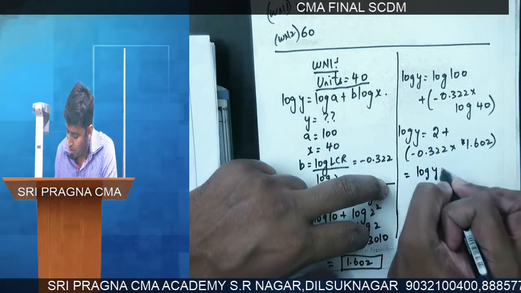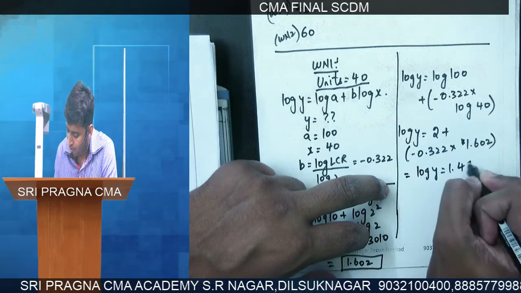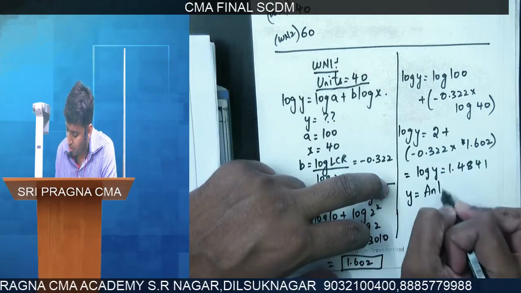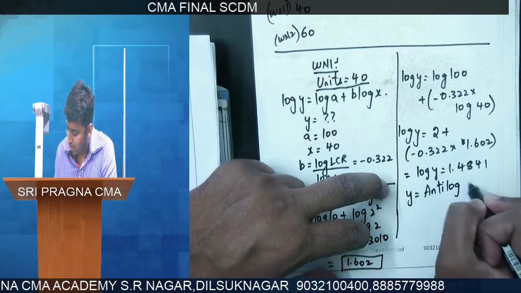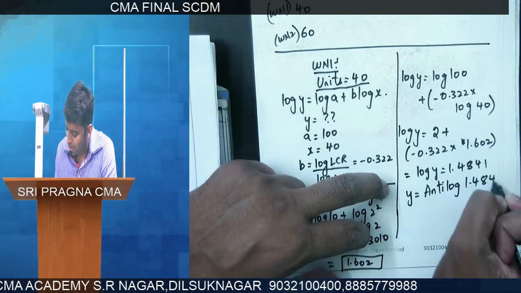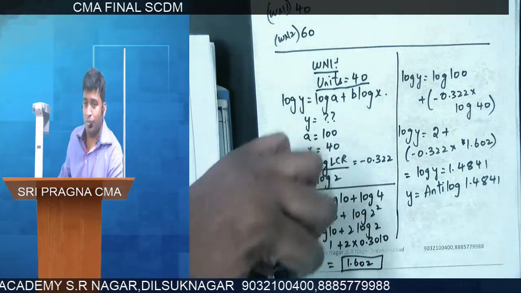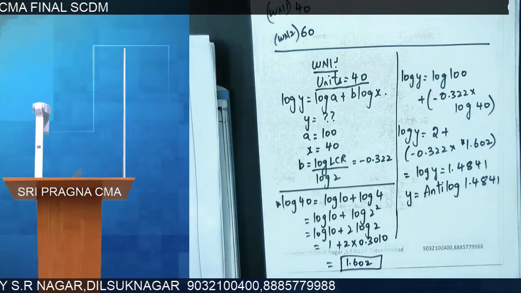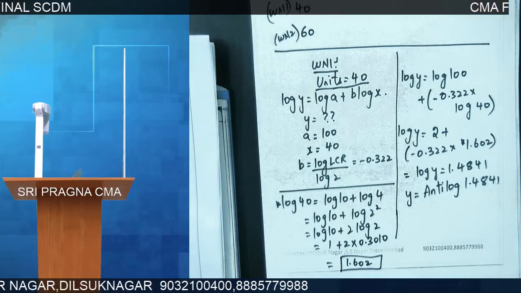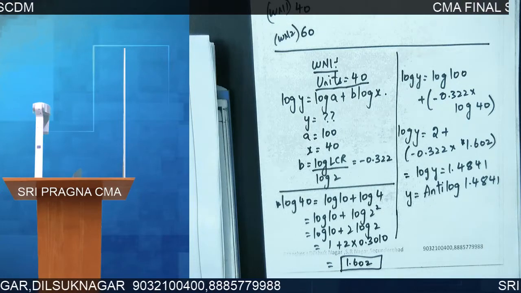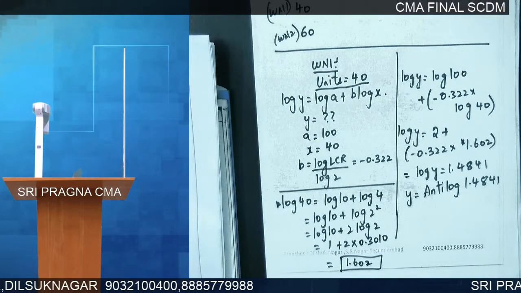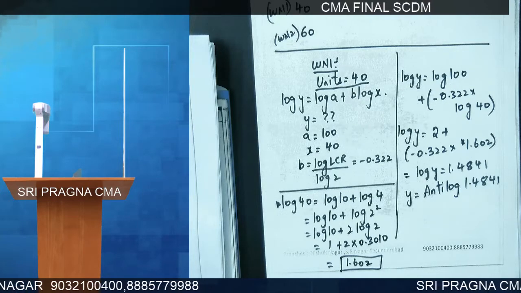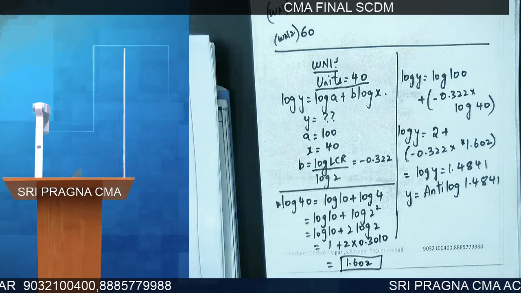Log y is equal to 1.48, y is equal to... One good news in the exam: this value has to be given in the question. We cannot do anything otherwise. Check, it has to be given.